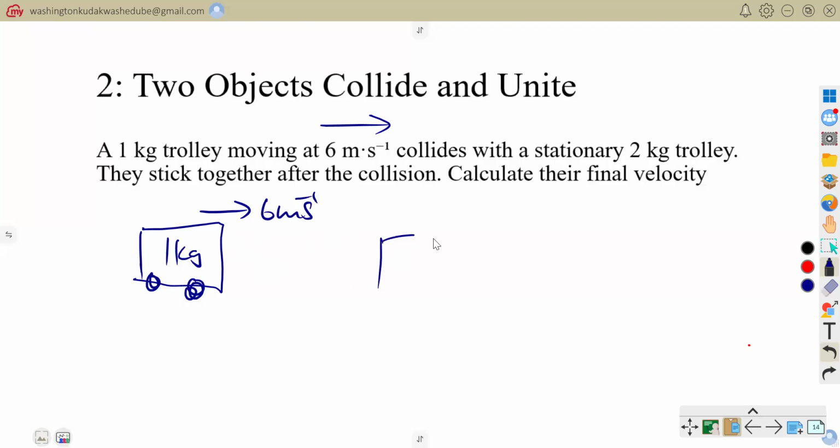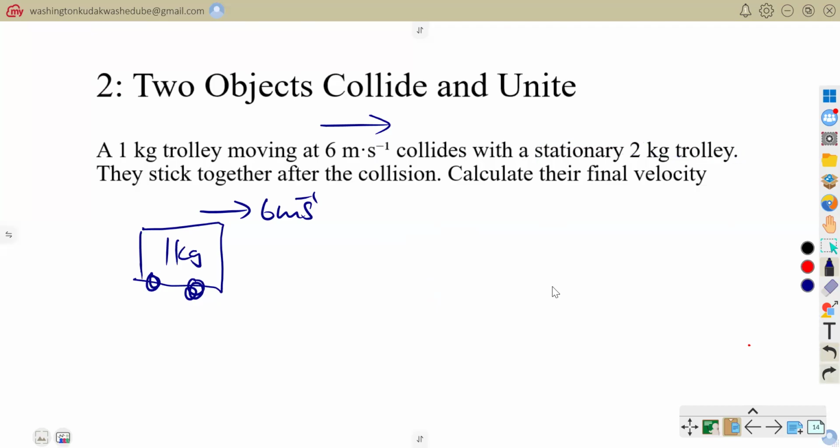And then I have another trolley, which is 2 kg. Its velocity is not given, but they say that the 2 kg trolley is stationary.